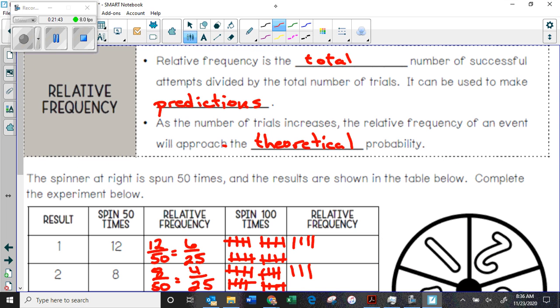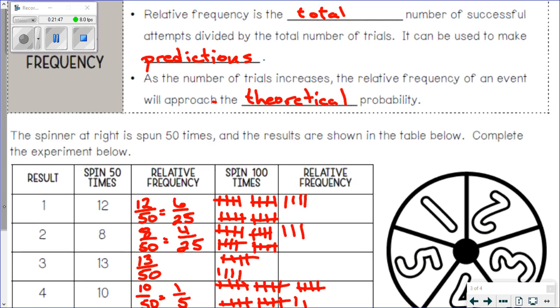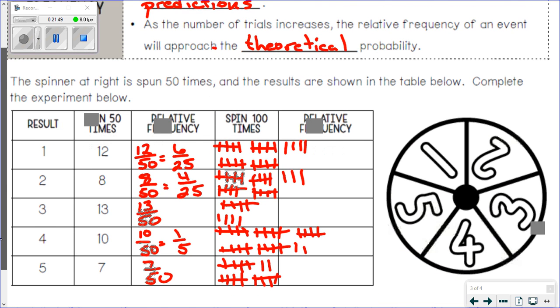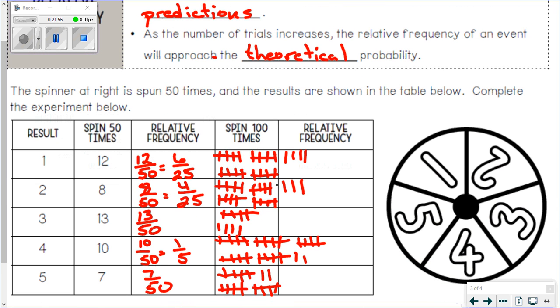Make this guy bigger. All right, so this is out of 100 tries. For landing on 1, it happened 24 times out of 100.